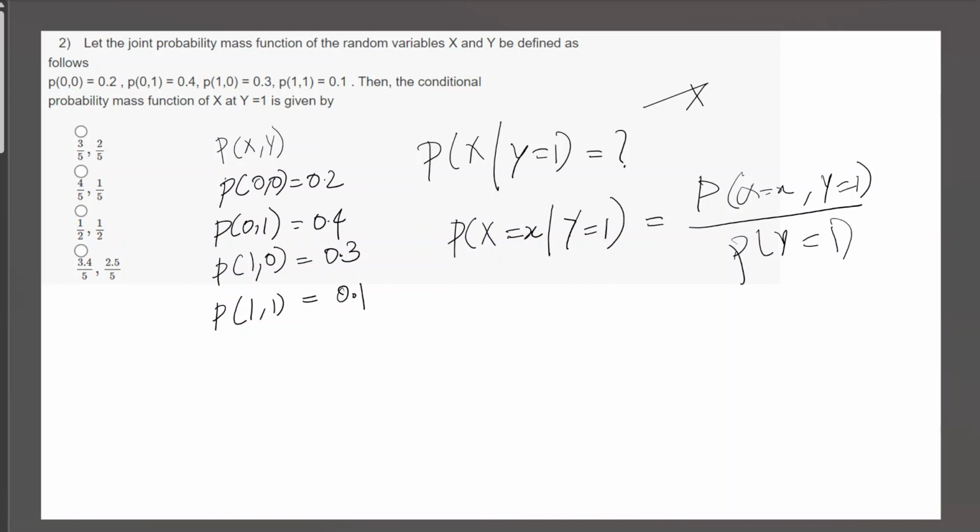So we have to find the probability of y equal to 1. Then if we substitute in this, we will get the answer.